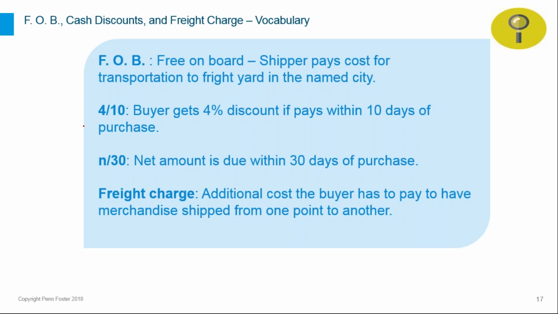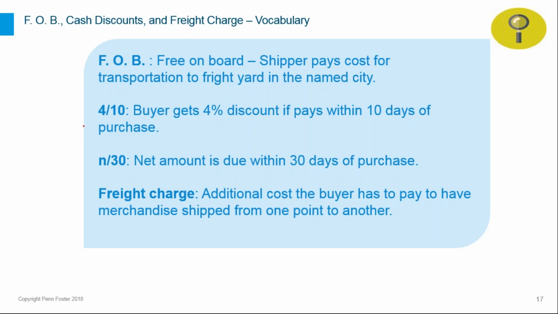It means that the person or the company that will ship the products from, for example, overseas or from another state, will ship it to a specific location, and from there the buyer, which is you, has to pay for the shipping from that location to your address or to the other business address.